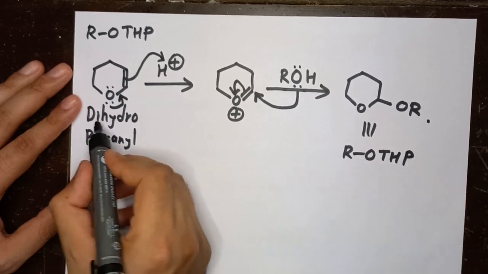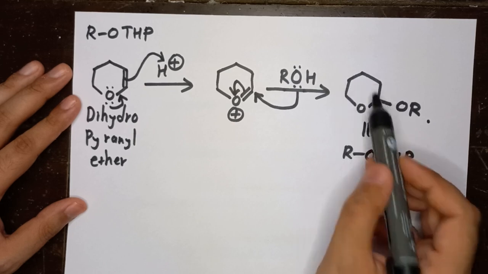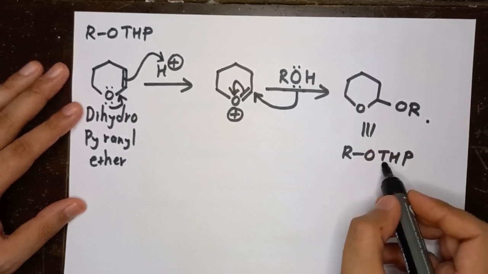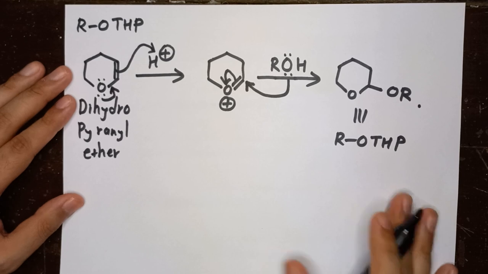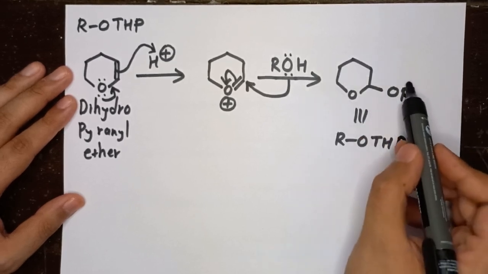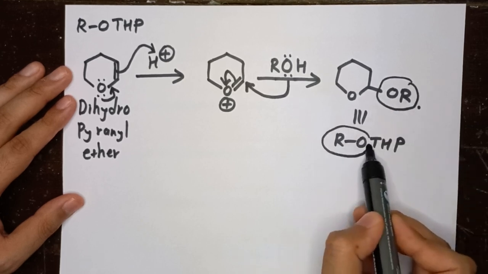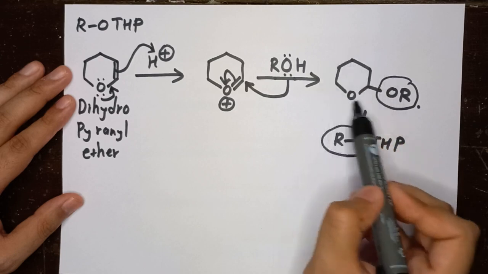So this was dihydro because we had one double bond here, but now this is completely saturated, and this time it is the same name, but tetrahydro. Okay, this time we have tetrahydro. Now this is what we call the RO-THP protection. So this RO is here, and this THP group corresponds to this particular ring.